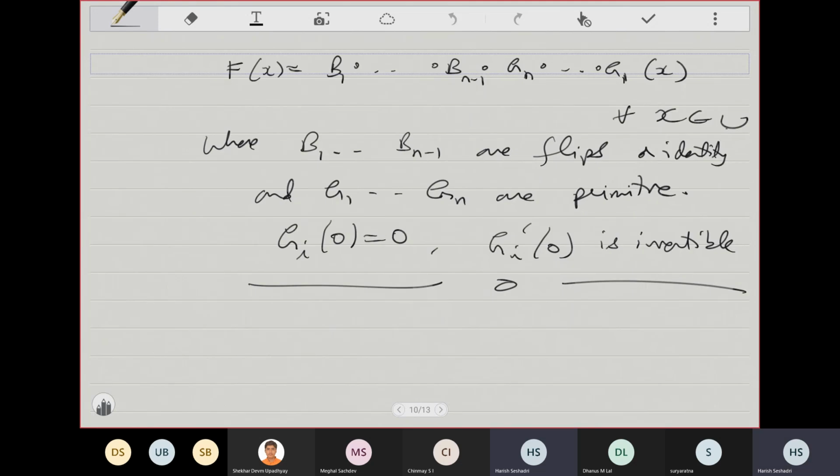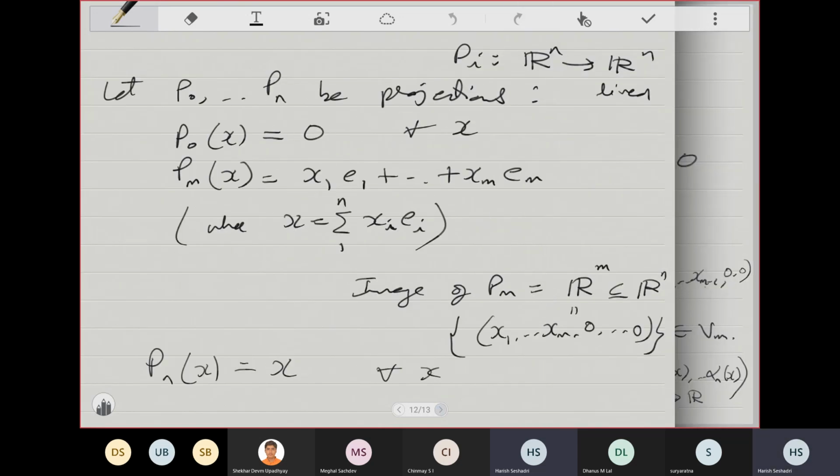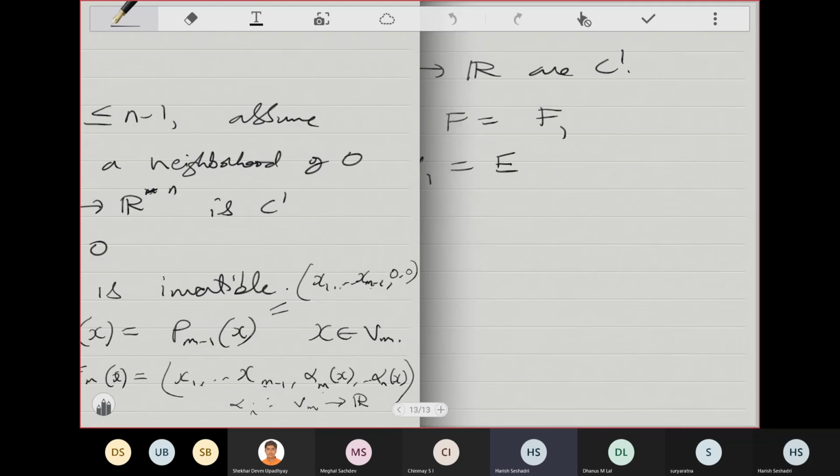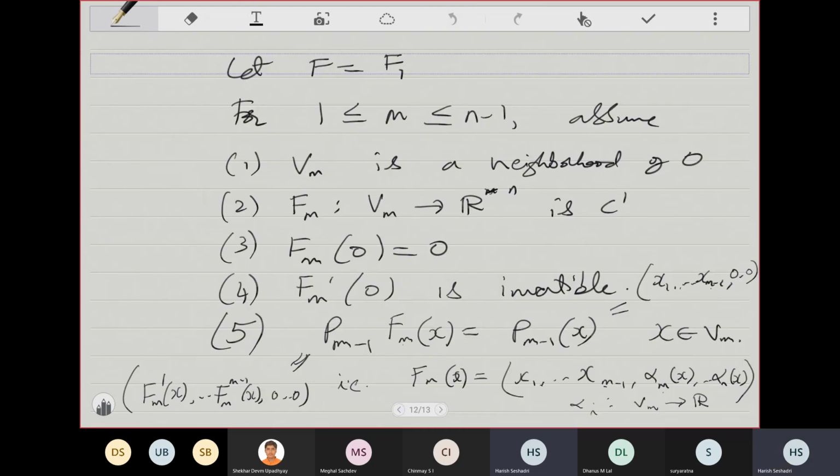The original change of variable function satisfies f of 0 is 0. So then I'll get g_i(0) is 0, etc. So take V1 equals E. That takes care of the first part. And then F1(0) is 0.